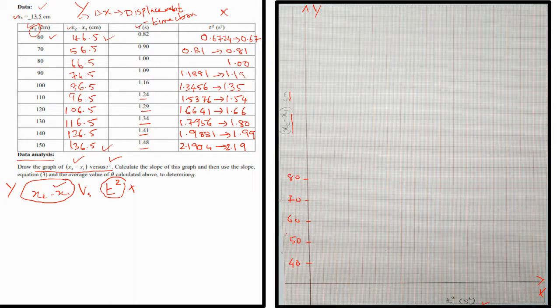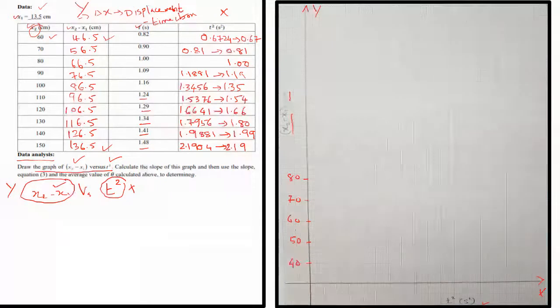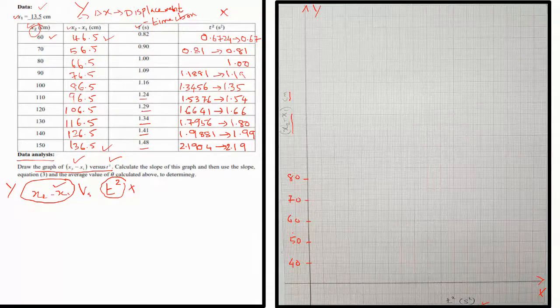Why do I start from 40? Because 10, 20, 30 are not in our table. If you write those values, the graph will sometimes look different. So it is better to take it from the first value as 40, 50, because my starting value is 46.5 in the table. Taking the x-axis and y-axis is very important, and you have to follow a regular interval.